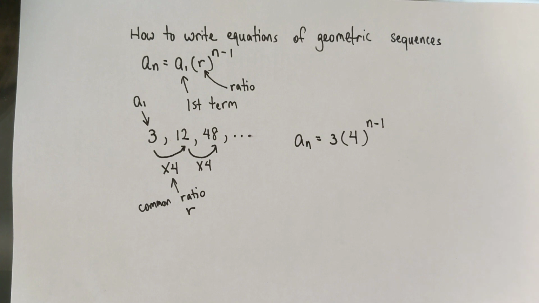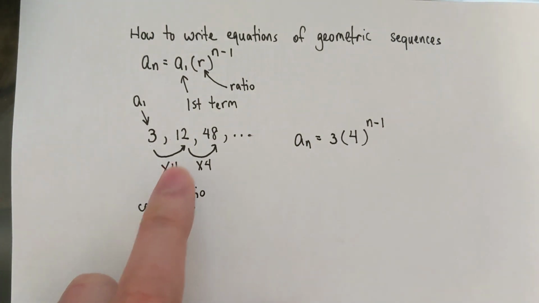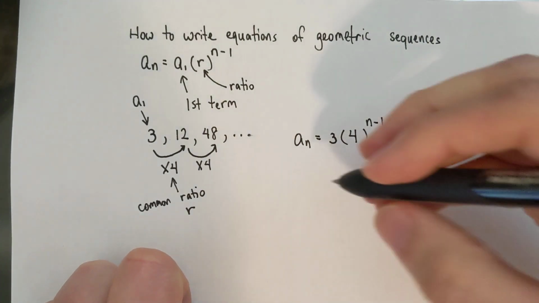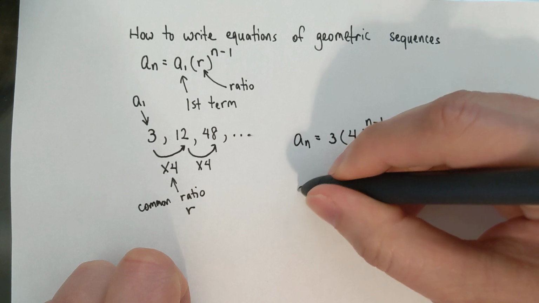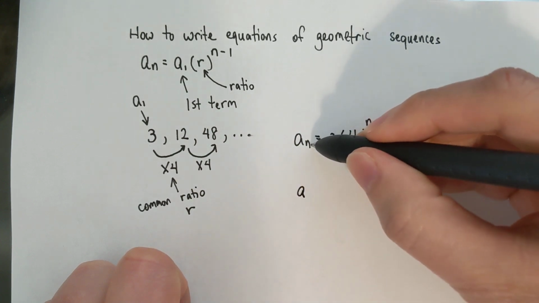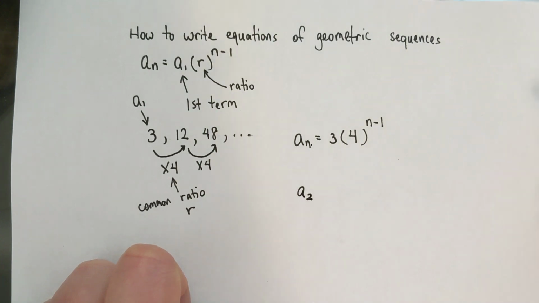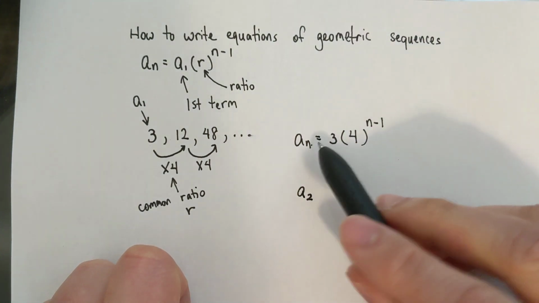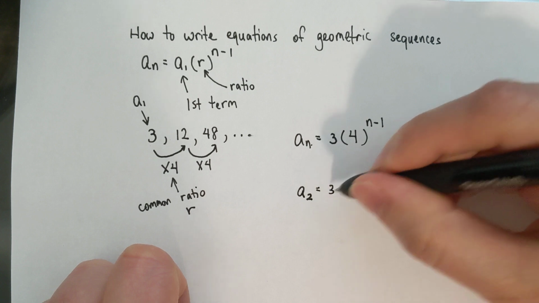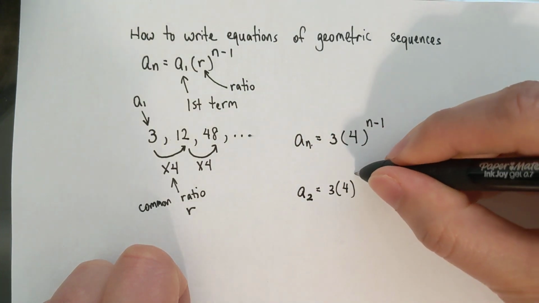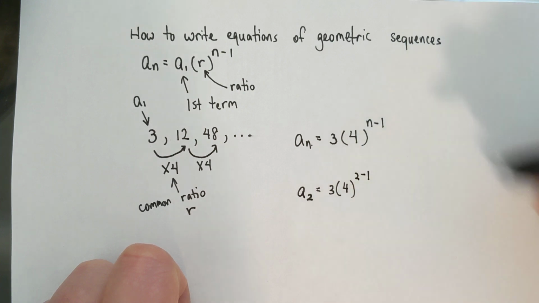For example, let's talk about how to use this. If I want the second number, then I will put a, and instead of n, I put 2. Wherever you see n, and I'm about to see n again soon, like this one right here, that would be 2, because I want the second number in the pattern.